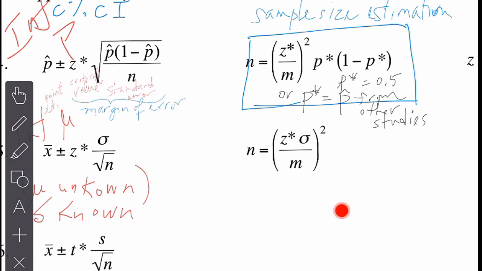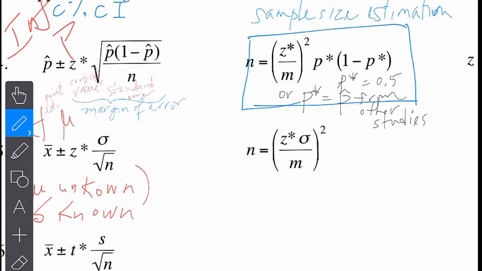Now this is the more base formula, but there are a set of formulas that actually introduce a variable C into the calculations. C for cost, okay, because every sampling unit costs money. So if you want to also limit or take account of your cost, you're going to enter that into your formula. But I won't do that here. I keep it simple. You can take sampling theory and learn more about that.